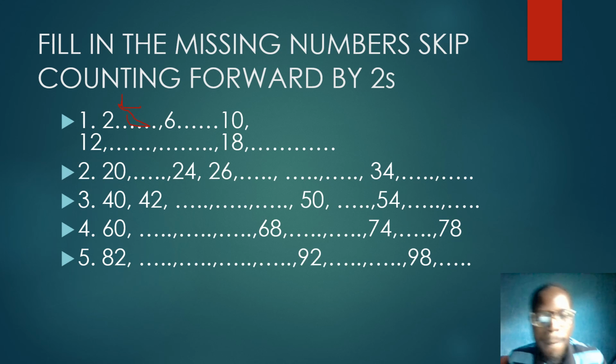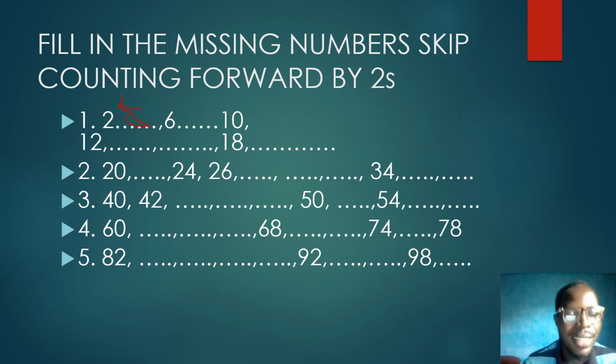So that's what we'll talk about today. Since you are not in school, you are not going to do plenty, bit by bit, but we will work more exercises. So we are going to talk about skip count forward by 2, then 5, then 10. But we're looking at bigger numbers, up to 100 or up to 1000.